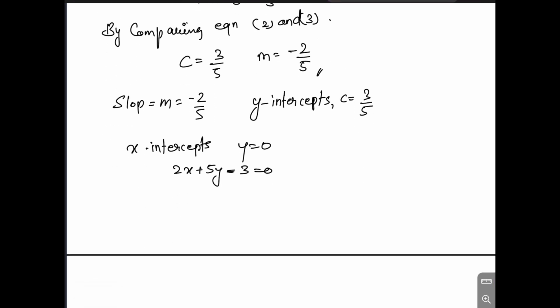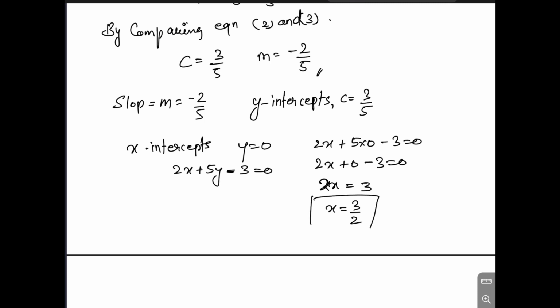So here we need to substitute y value equals to 0. 2x plus 5 into 0 minus 3 equals to 0. So 2x plus 0 minus 3 equals to 0 here. So we will get 2x equals to 3, or I can say x equals to 3 by 2. So finally we got the x-intercept also.